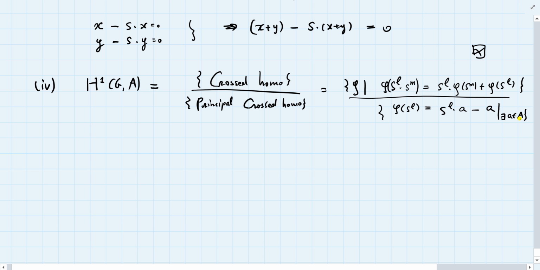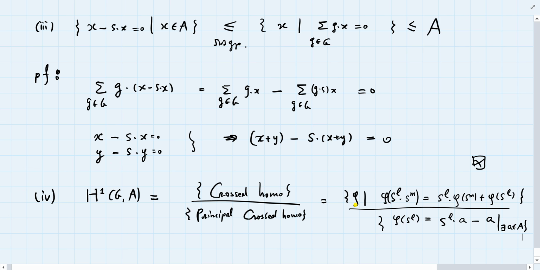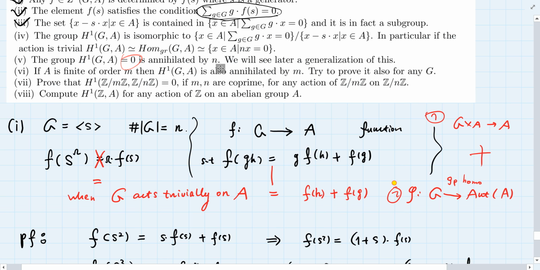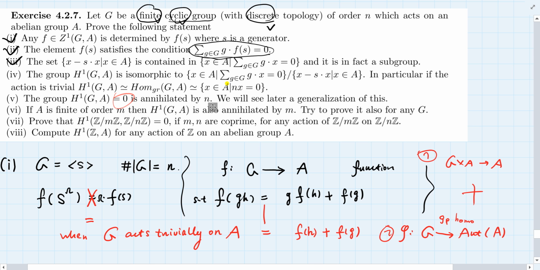Well, but now what do we prove? We prove that, okay, so this part is obvious. Okay, you see, we prove this is a subgroup of this.